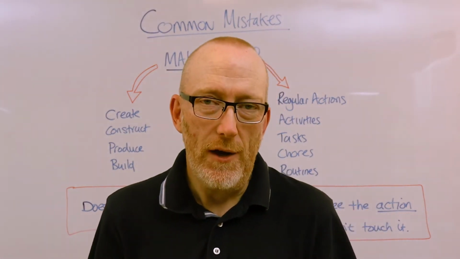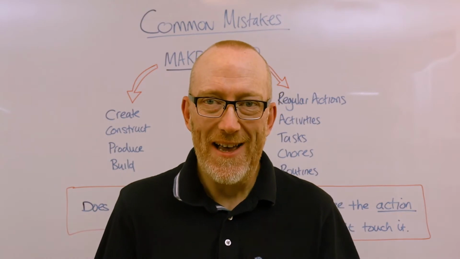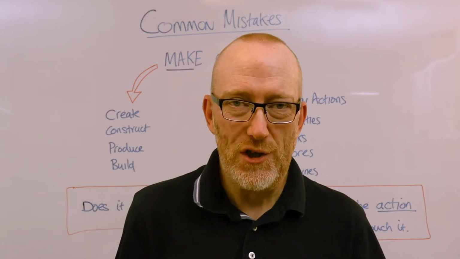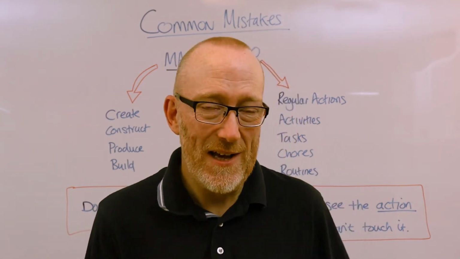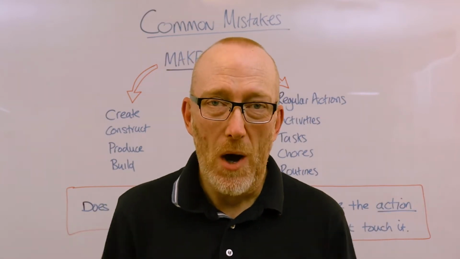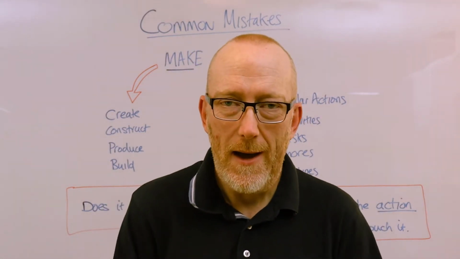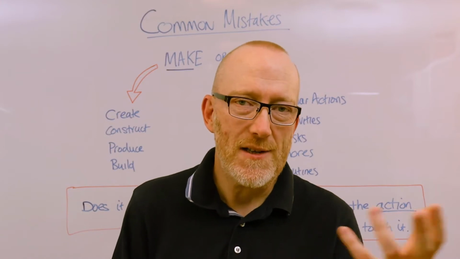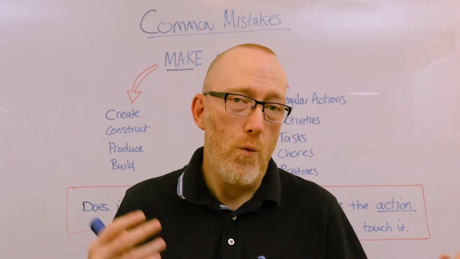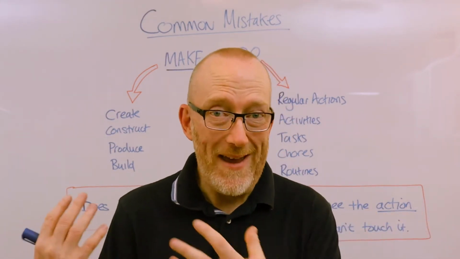For some reason the English language has these two verbs which don't exist as two separate verbs in most other languages. For example, Italian, Spanish, French, you have one verb for make and do.